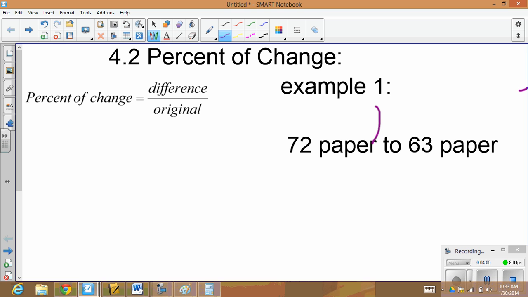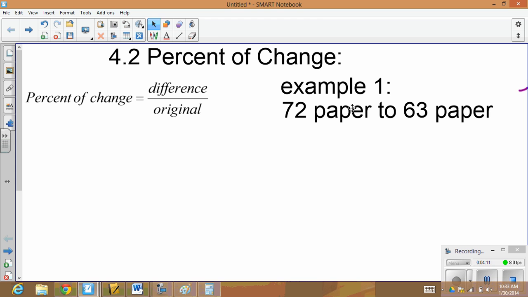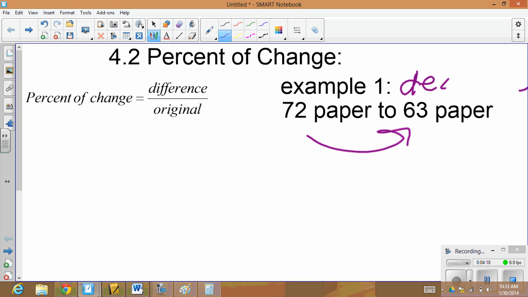So I want to find the percent of change in the amount of paper clips that I lost. So I started with 72. At the end of the day, I'm down to 63. So this would be a percent decrease because my numbers went down from starting to finish.